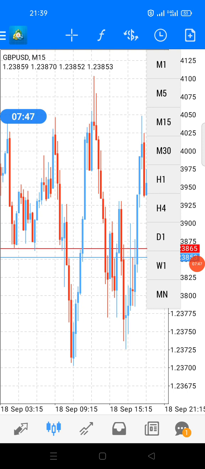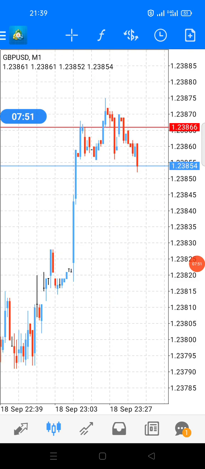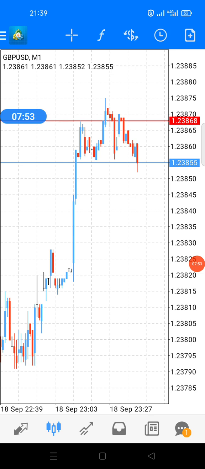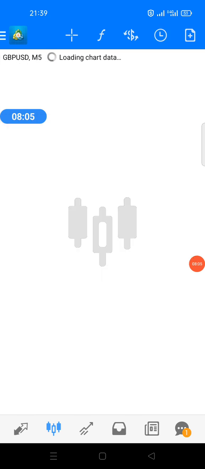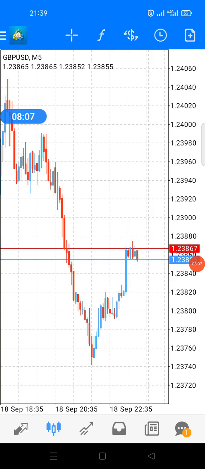For example, if you click on M1, it shows you all the candlesticks, and it tells you that each candlestick is completed in 1 minute. If you click on 5, it means that each of the candlesticks is formed or completed in 5 minutes.